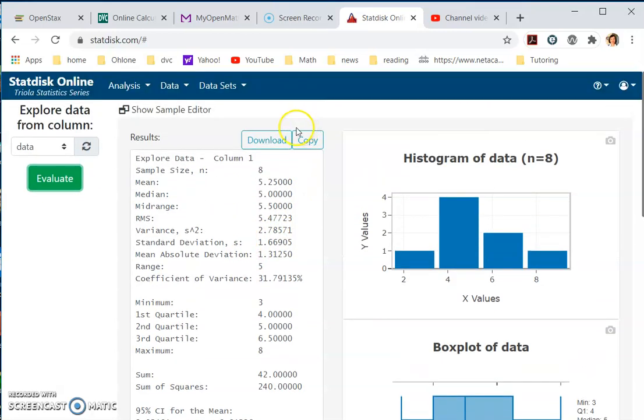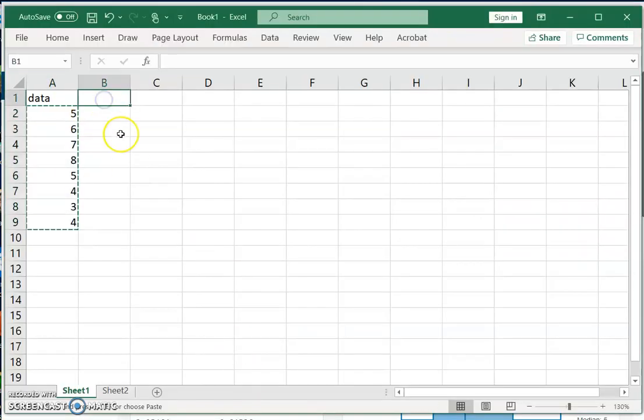Now, in case your data actually is a population, say for example, maybe you have some data, I'm just going to copy it over.